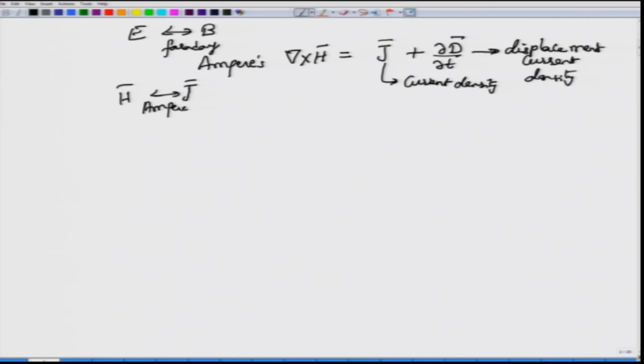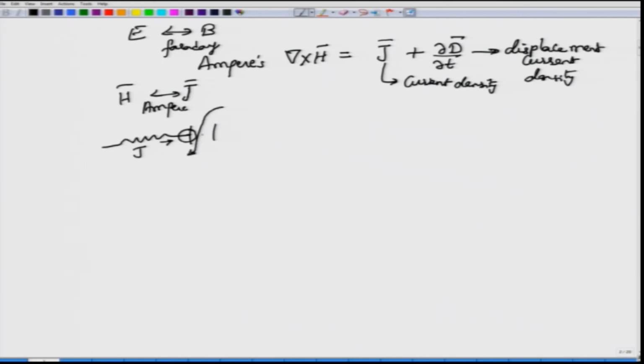For example, you might have a regular conduction current density J, but when you connect a capacitor, clearly there are no free electrons inside this capacitor, right? So, how would current then continue? If you try to apply KCL to this node, then KCL seems to fail because there is an incoming current, but no outgoing current. But Maxwell said it cannot happen that way.